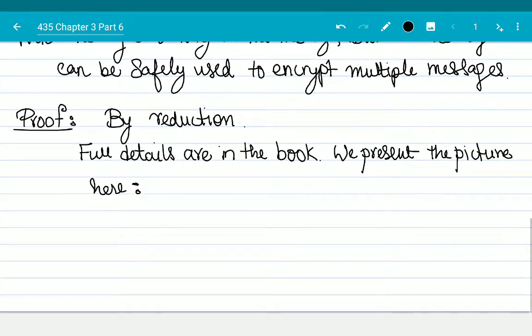So you might want to keep the book open with you if you want when you're doing this, okay? But the idea is going to be this.